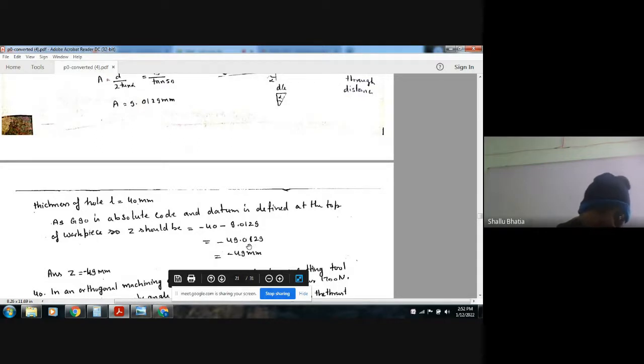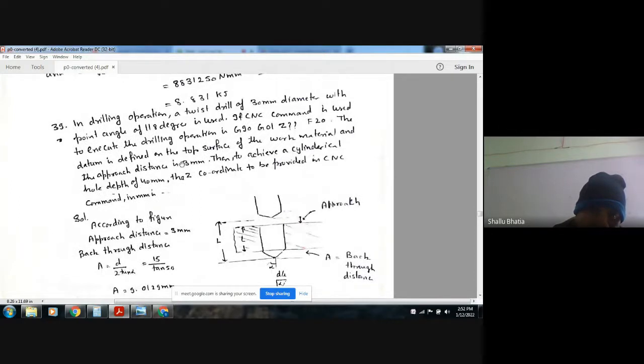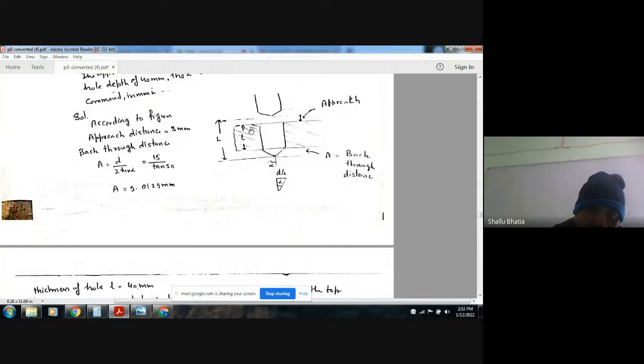Okay, so the Z90, as in the command, the Z90 code is given, so that is for absolute. So at this point there is the 0,0 axis. From this to this, this point will be 40 plus this distance.